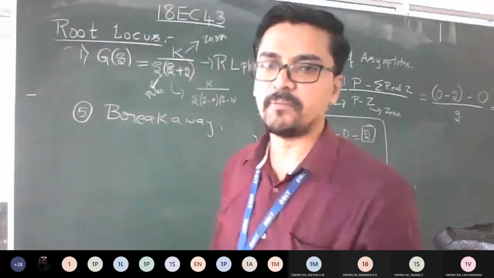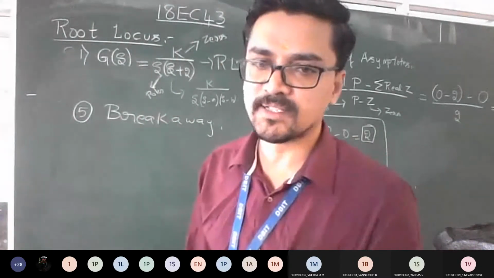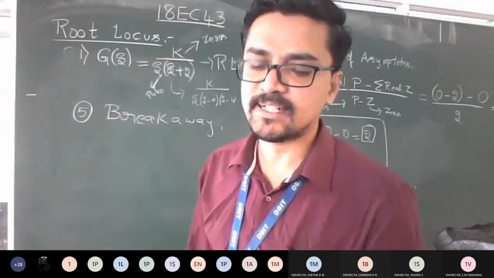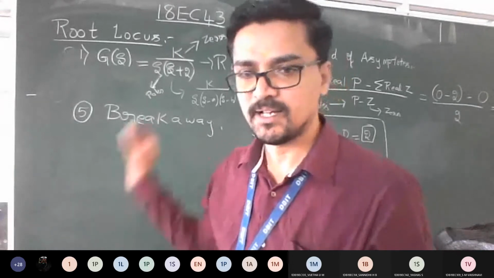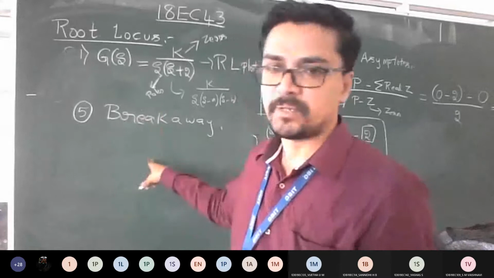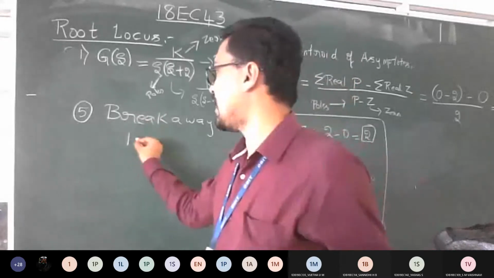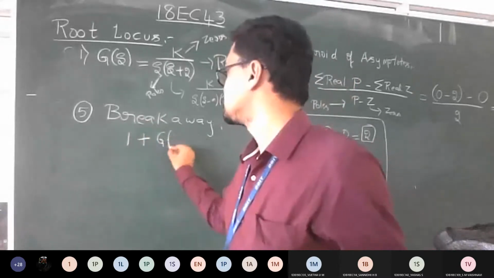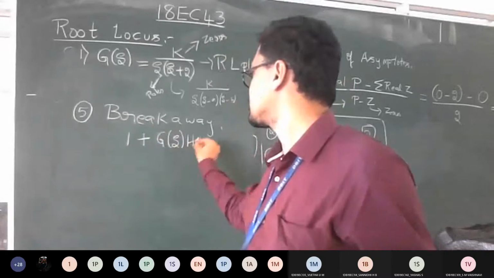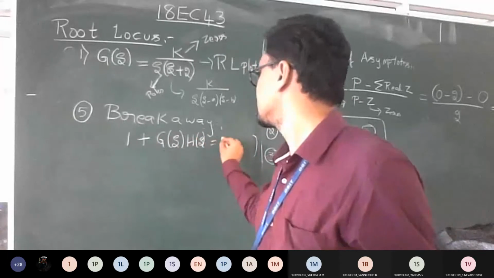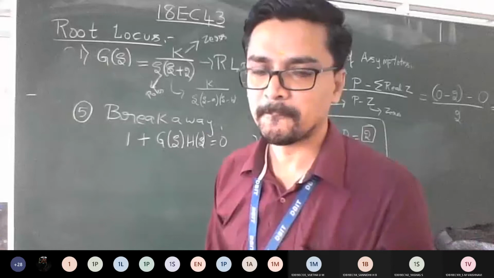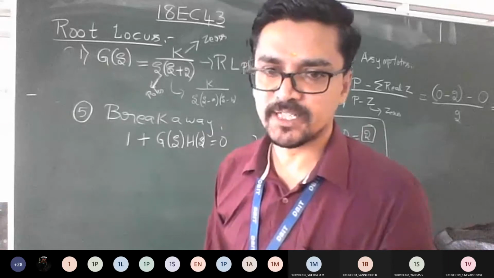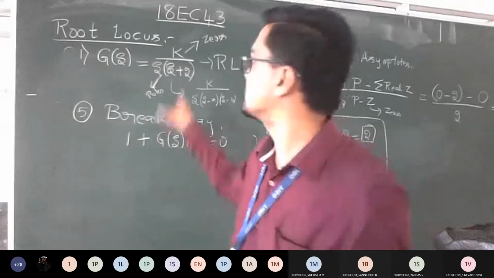To find the breakaway points, you have to follow your earlier concept, that is the characteristic equation method. We have taken some auxiliary equation concept, right? Same procedure comes. For the breakaway point, go with the characteristic equation 1 plus g of s into h of s equal to 0. h of s is 1, and g of s is given in the question.